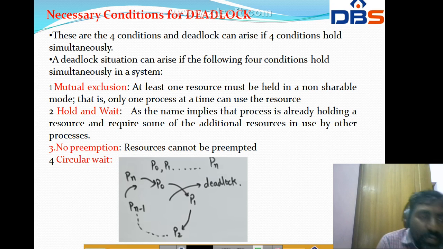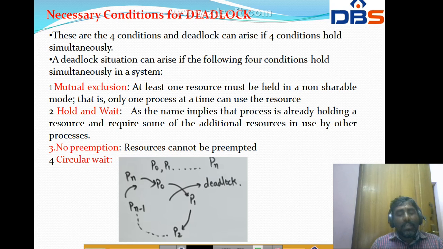Next one is hold and wait. In this concept, as the name implies, a process is already holding a resource and requires some additional resources in use by another process. Hence this situation is known as hold and wait. Next one is no preemption. No preemption means resources cannot be preempted.